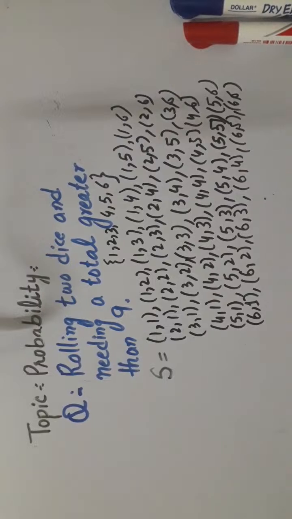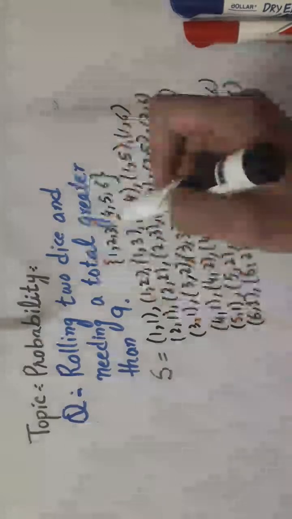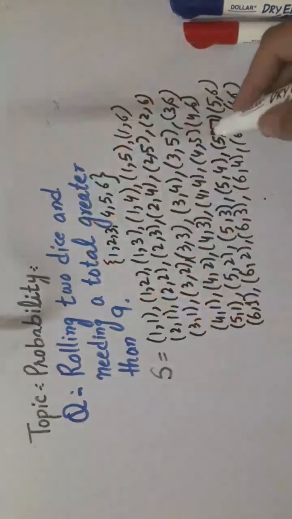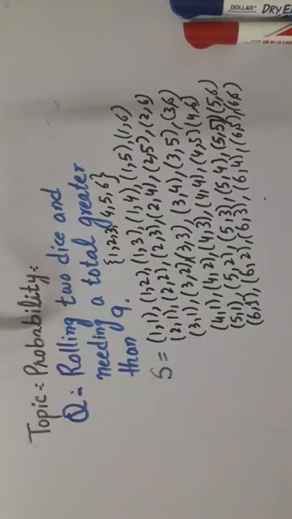Now our question is, two dice and needing a total greater than 9. Our total is greater than 9. We will circle those that, when added, give greater than 9.